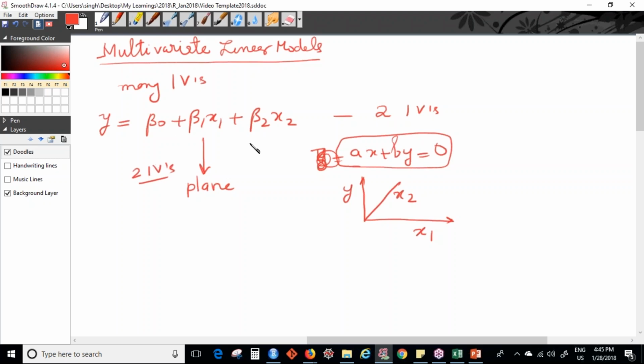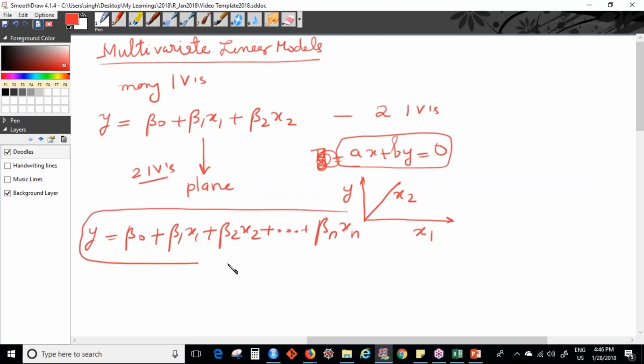Now I can extend it beyond two also. I can write something like this: beta naught plus beta 1 x1 plus beta 2 x2 plus, I can go on and on till beta n xn, where n can be any number. I can include as many variables as I want. Now we don't have a name for this figure, so we can only visualize till two dimensions.